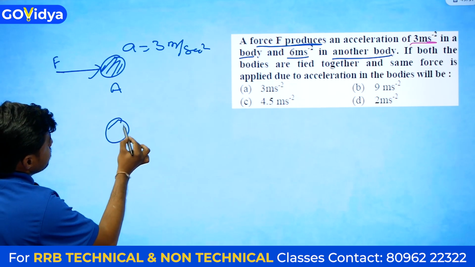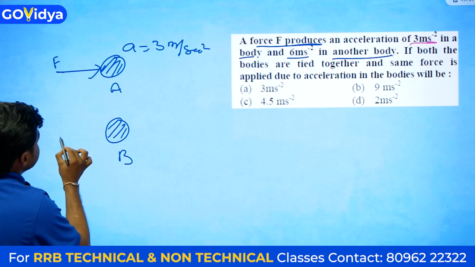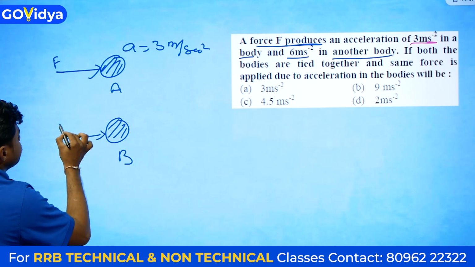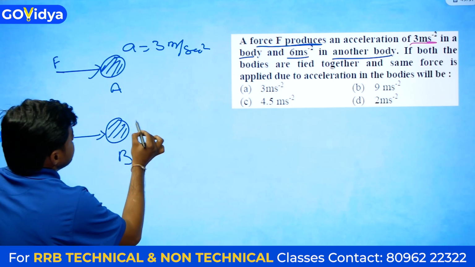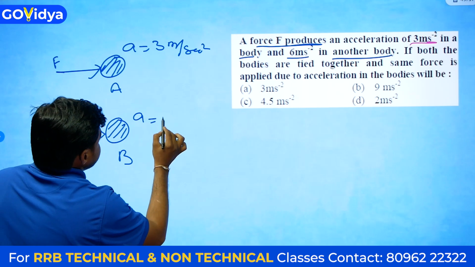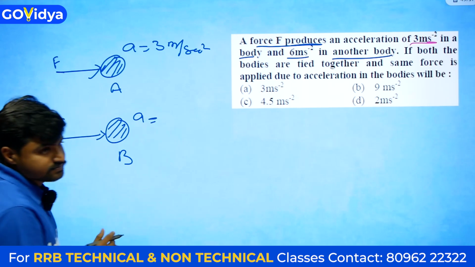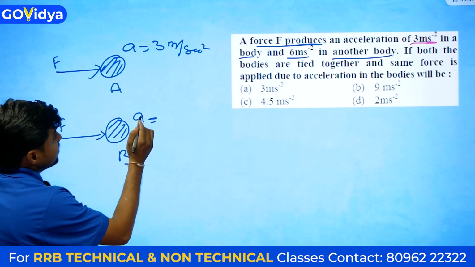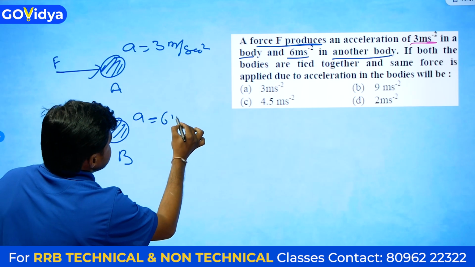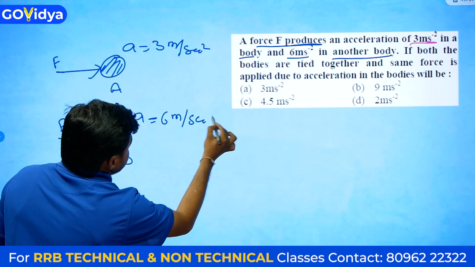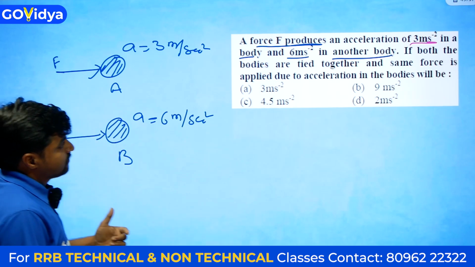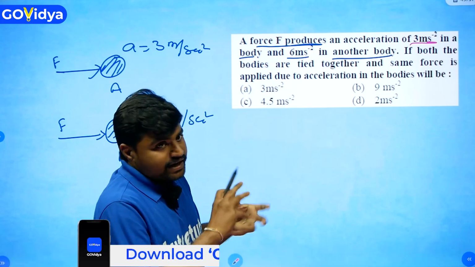Another body, let us say B, if force F is applied, it will accelerate at 6 meters per second squared. Next, the two bodies are tied together.